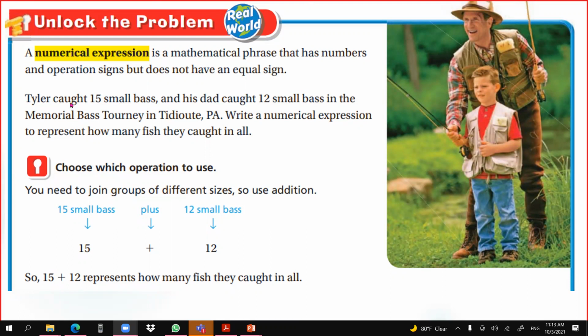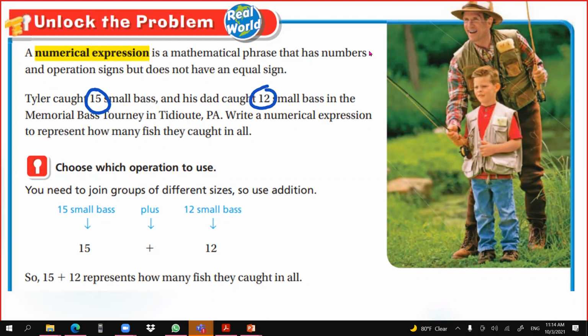Taylor caught 15 small bass, and his dad caught 12 small bass in the Memorial Bass Tourney in Tioga, PA. Write a numerical expression to represent how many fish they caught in all. Now, the first step, as I told you before, is to circle the numbers. We have 15 and 12.